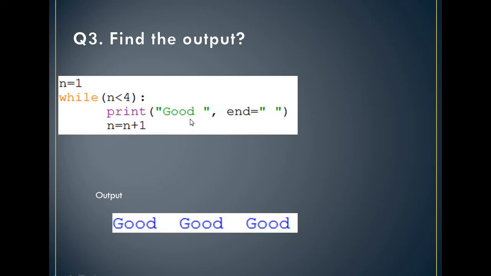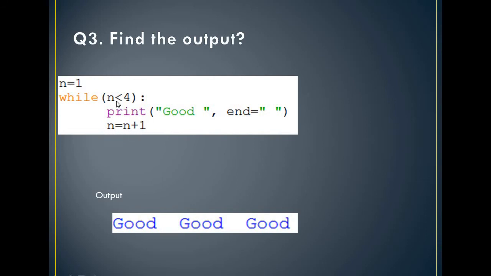What will happen? It prints the value, Good. I already explained the use of end equal to a space. Then n is incremented, so now the value of n becomes 2. Again it goes to the condition, 2 less than 4, the condition is true, so it displays Good. Again n is incremented, n is 3.